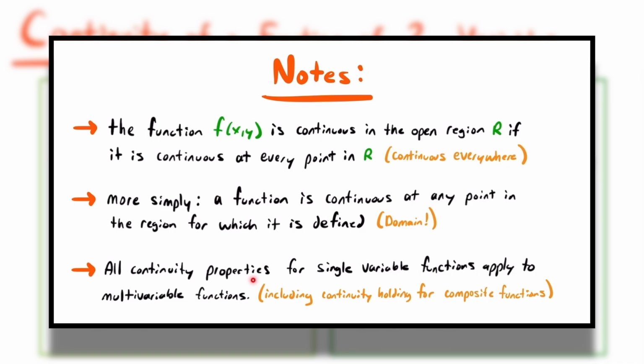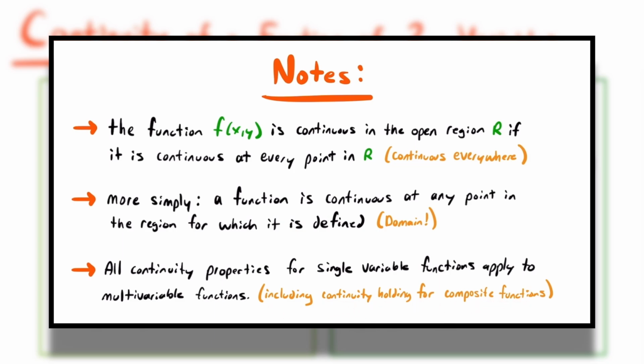All the continuity properties that you are familiar with for single variable functions also apply to multivariable functions. So this includes things such as the fact that polynomial functions are continuous everywhere, they have no discontinuities. It also includes that rational functions, or functions that look like fractions, are continuous everywhere that the denominator is not zero. And it also includes that continuity holds for composite functions.